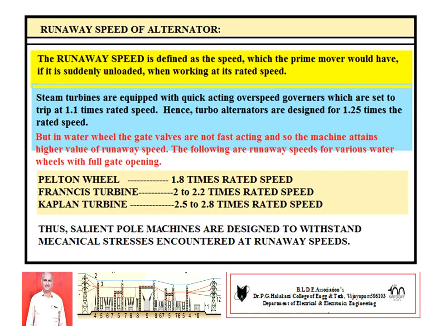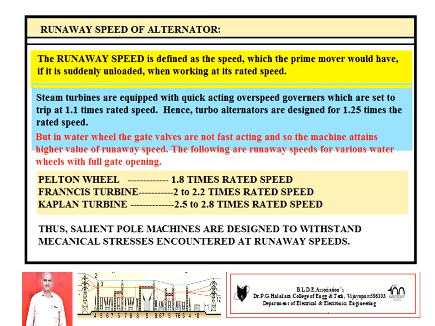In water wheels or hydraulic turbines, gate valves are used to control the head of water, but these are slow action as compared to speed governors. Those are fast, but these gate openings are slow. Hence, the machine attains a high value of runaway speed.